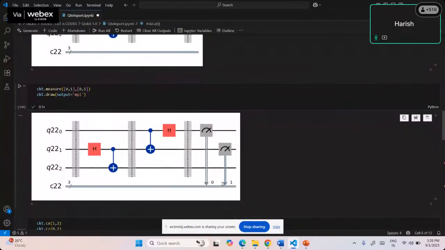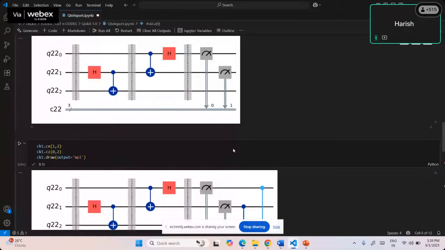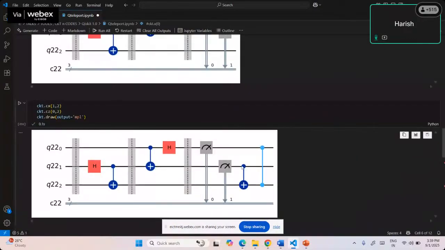Now you remember, depending upon the values of this first and second qubit, you need to apply the Z and X gate. So what we are doing is, we are putting these 2 gates. Whenever the second qubit M2 is 1, you need to apply the NOT gate.